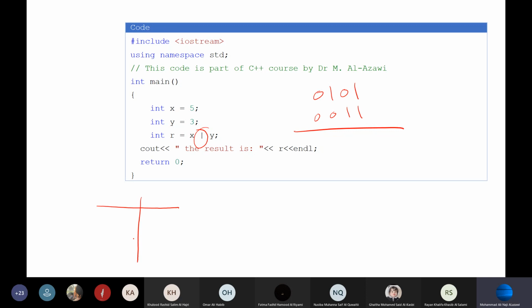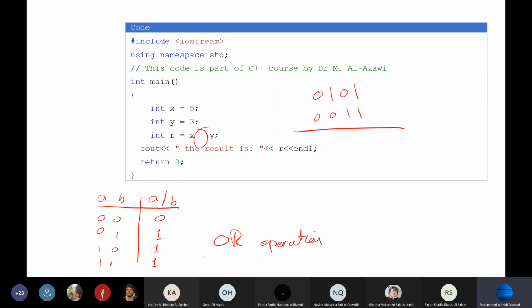Here I have A, B, and A or B: 0 0, 0 1, 1 0, 1 1. So 0 or 0 will give me 0. Wherever I find 1, the output will be 1. This is the OR operation.